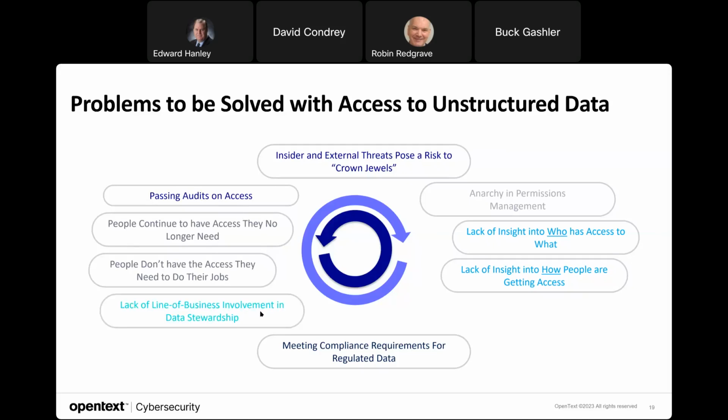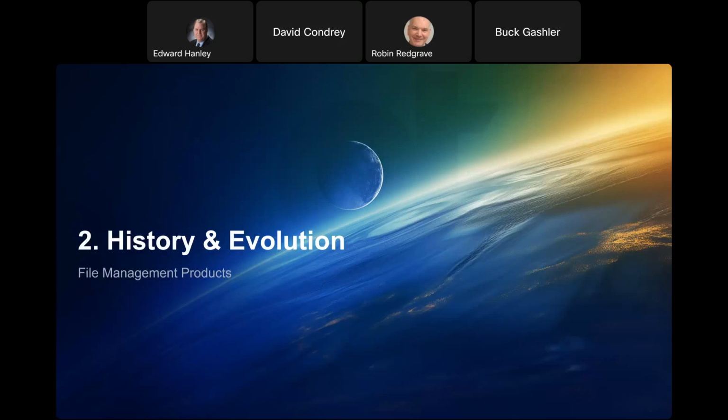Line of business data stewardship is a big thing, offloading IT, but the main thing is this erosion of control over time, this entropy that we all experience. It's almost like a closet, if you will. The longer my closet goes, the more disarray that is created. So how do we keep that from happening?